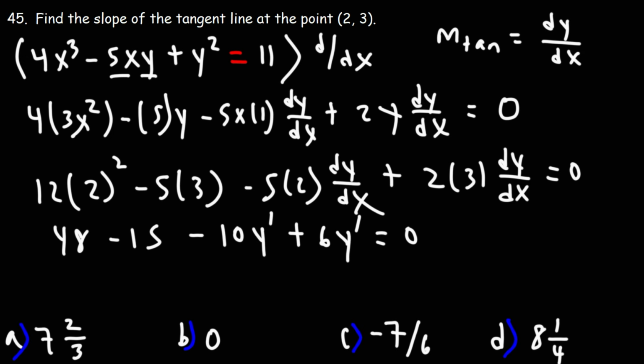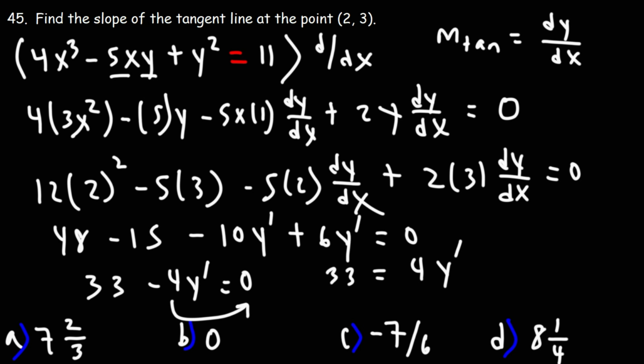Now what we can do is combine like terms. 48 minus 15, that's going to be 33. Negative 10y prime plus 6y prime is negative 4y prime. Now I'm going to move this to the other side. It's negative 4 on the left, it will be positive 4 on the right. So we have 33 is equal to 4y prime.